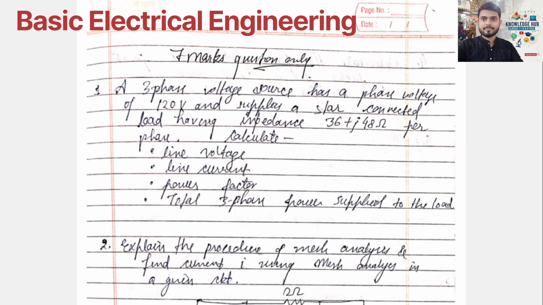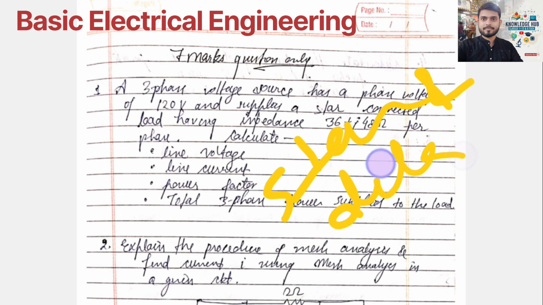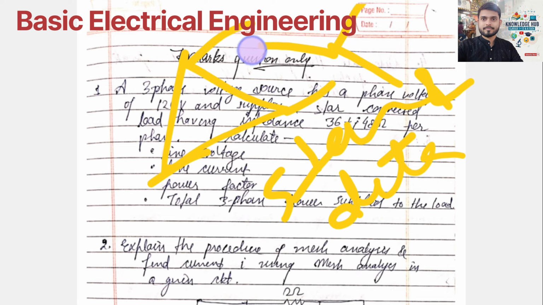We know that there are two connections, star and delta. Star looks like this, delta looks like this.